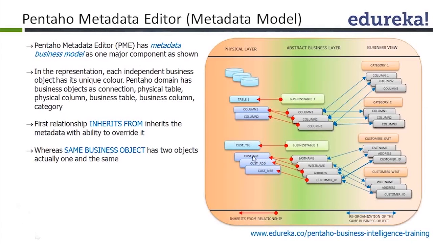So whether the customer is based in east or based in west, depending on that, it will be categorized, and then based on that it is classified whether that particular customer should be pushed into the east bucket or the west bucket, and the rest of the details remain the same. So this is one simple depiction of one use case of how the metadata model can be used.